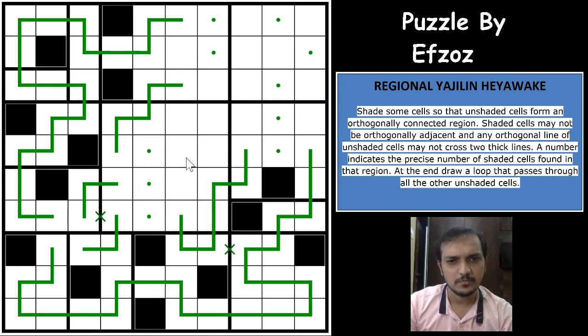Okay, a really difficult puzzle, difficult indeed, I would say, not an easy one. And as I know that out of these three cells, one cell would have to be shaded, and out of these three cells, one cell would have to be shaded, right? And can it be these two cells?